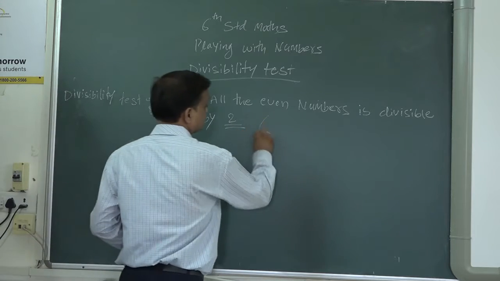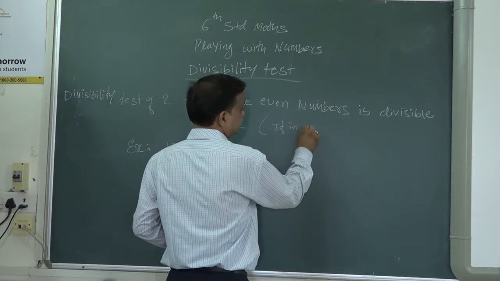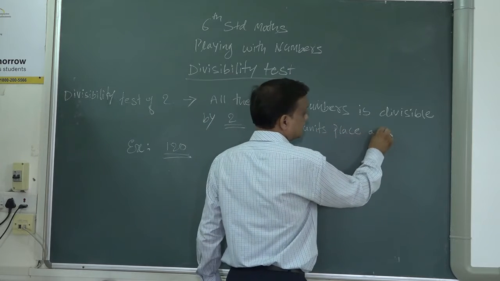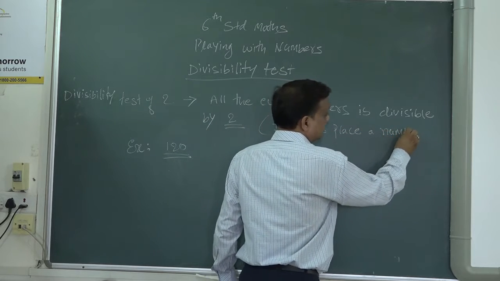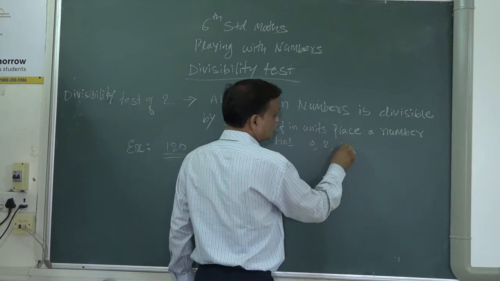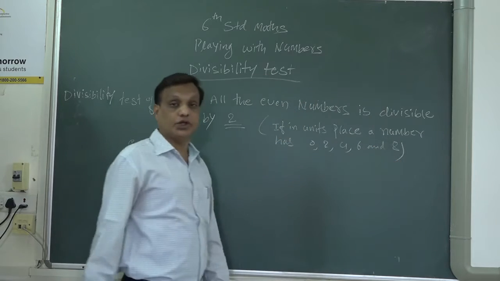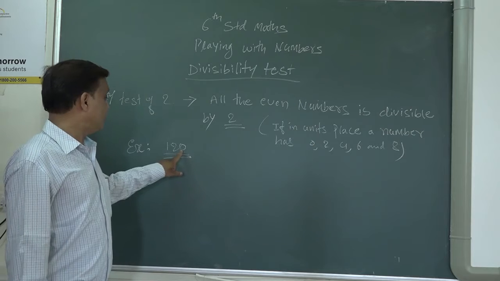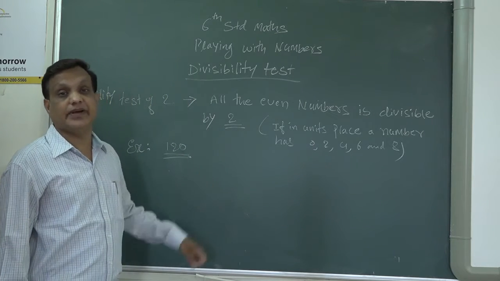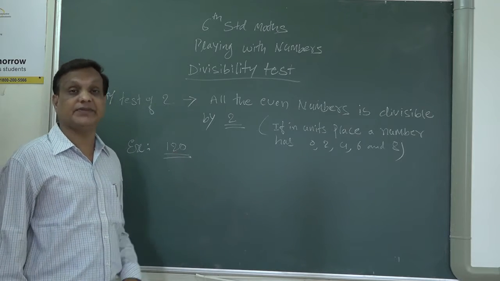Also, if in the unit place there is a number 0, 2, 4, 6 or 8, then it is going to be divided by 2. So if you see here, 0 is there. So this number is divisible by 2. No need to check. Directly you come to know this number is exactly divisible by 2.